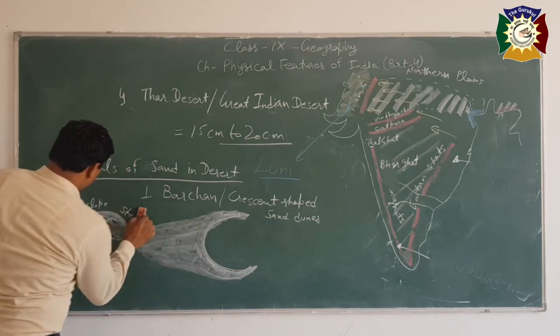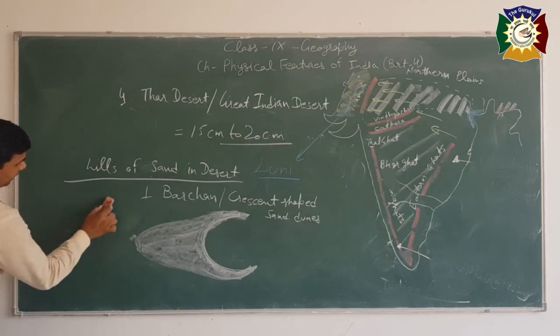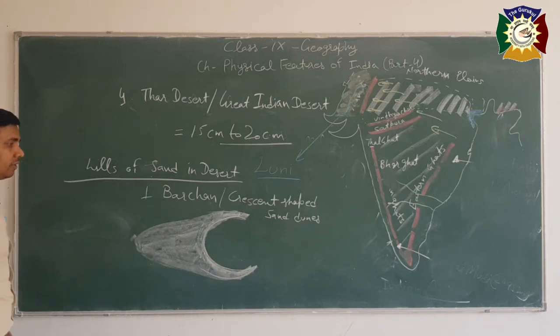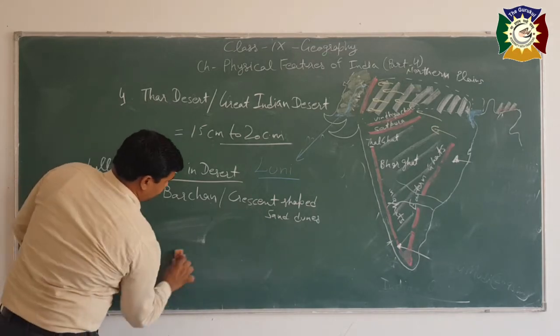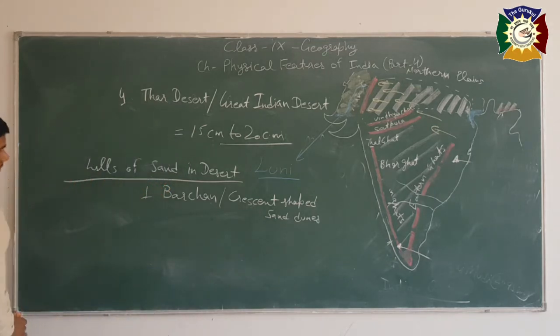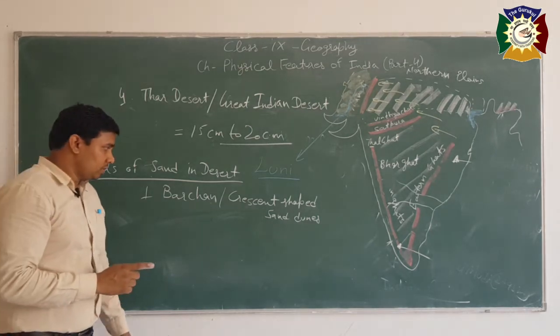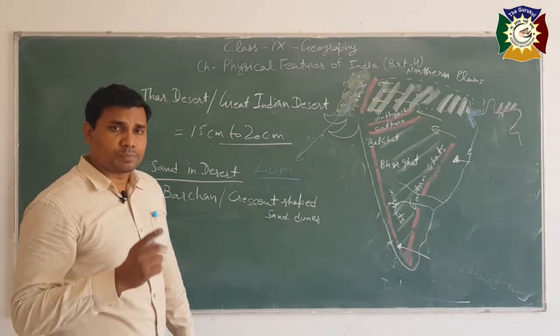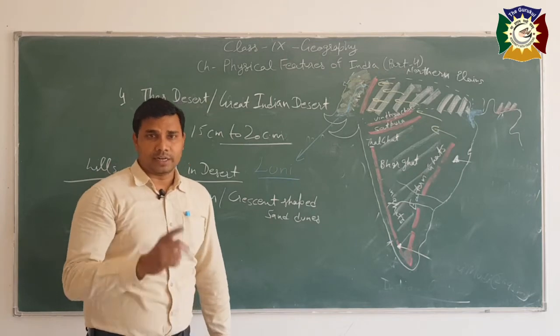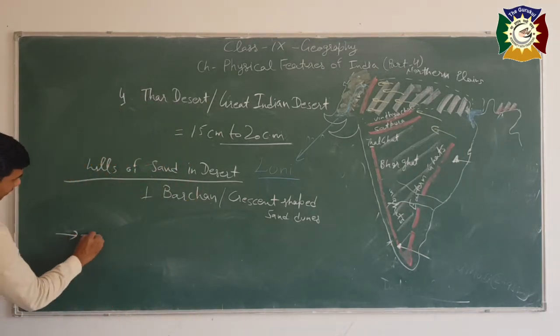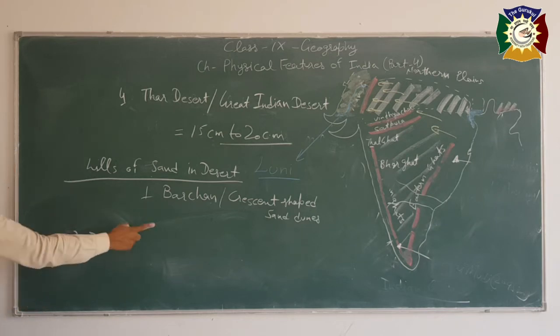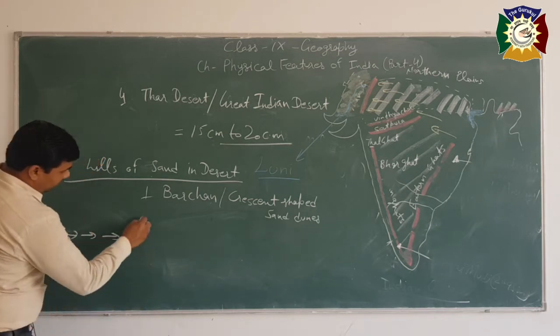Now the second type of sand dunes that we found here is the longitudinal sand dunes. Actually, the main role in the formation of these sand dunes is played by the wind and its direction. For example, the wind moves from west to east.